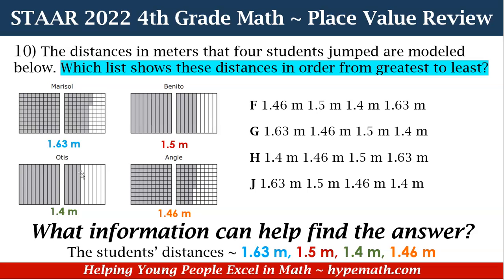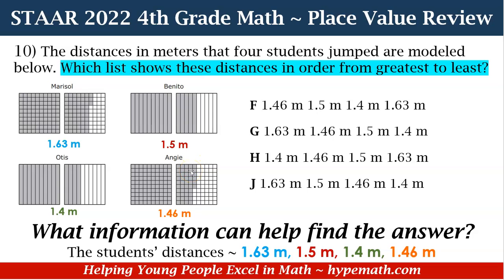Now let's move to Angie. Angie has 1 fully shaded 100s block. So now what we're going to focus on is the number of fully shaded columns for the second 100 block, and then count how many blocks are in the next column. So fully shaded, she has 1, 2, 3, 4.